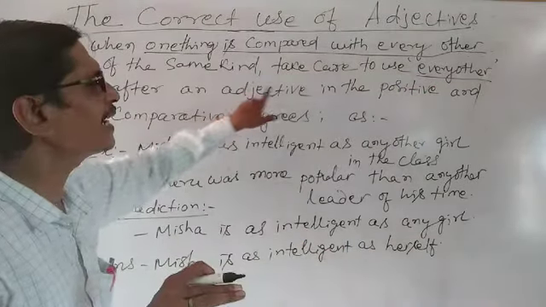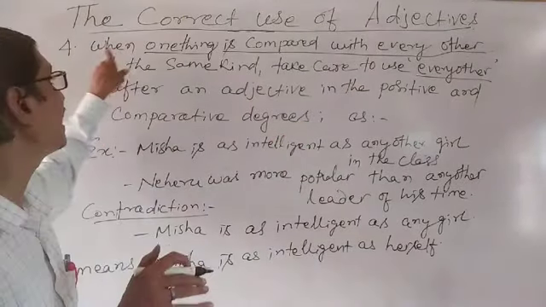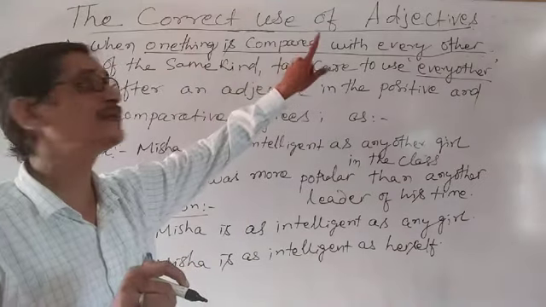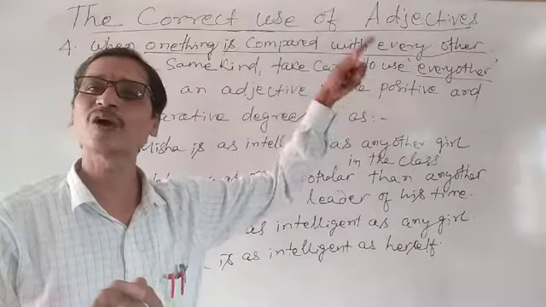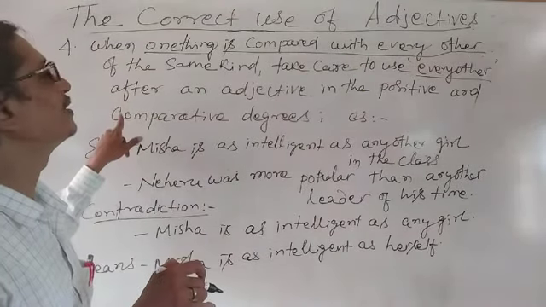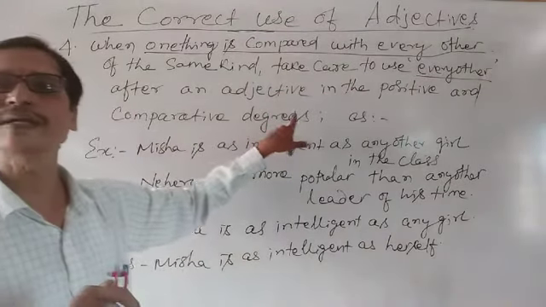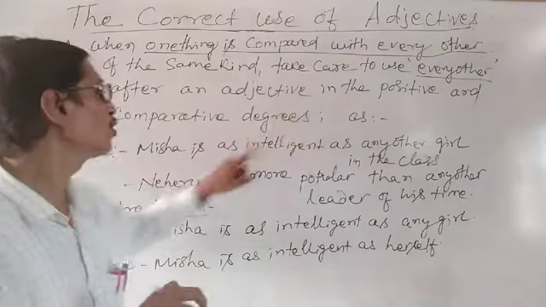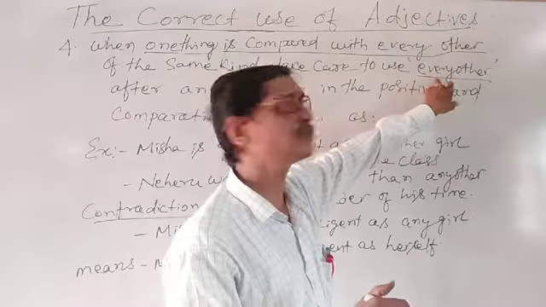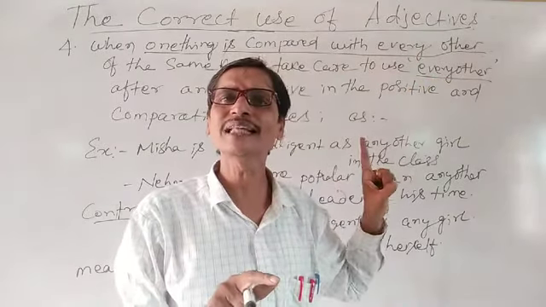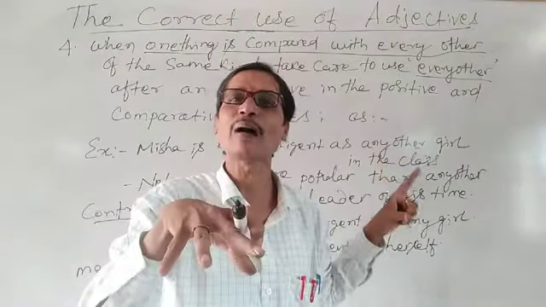After an adjective in the positive and comparative degrees. That means, again let me read. When one thing is compared with every other of the same kind, take care to use "every other" after an adjective in the positive and comparative degrees. Okay? So here one example is given. If we don't use it, we cannot compare one thing with others of the same kind.